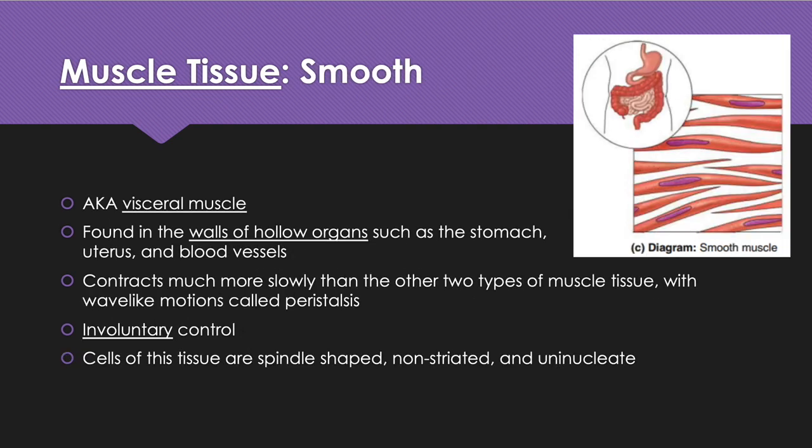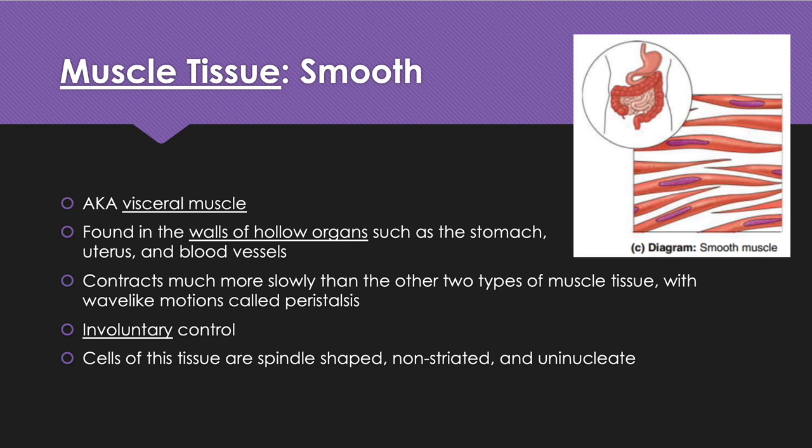Next, we have smooth muscle tissue, and that'll be it then for muscle tissue. Another term for this would be visceral muscle. We have smooth muscle in the walls of our hollow organs, such as our stomach, uterus, blood vessels, your intestines, your esophagus. Pretty much any hollow organ has smooth muscle making up its walls.